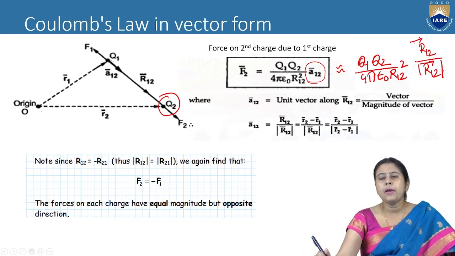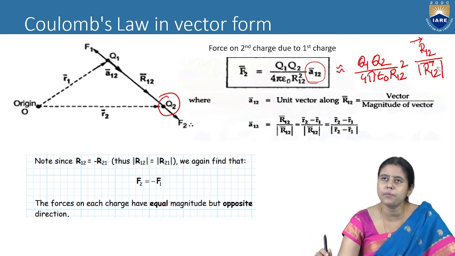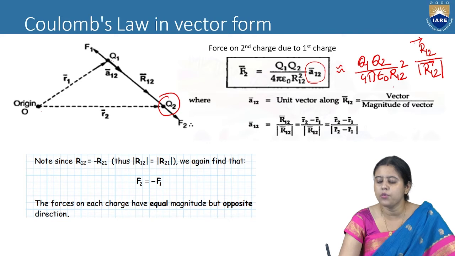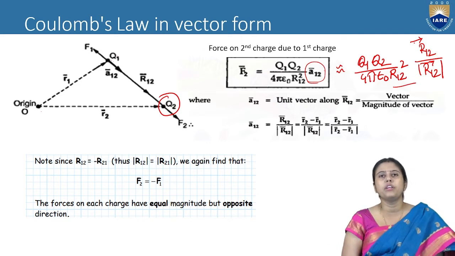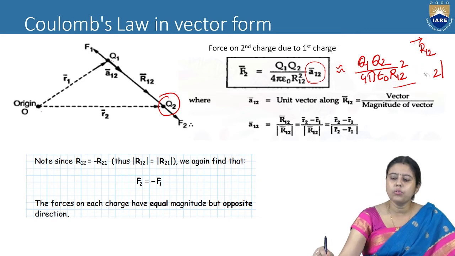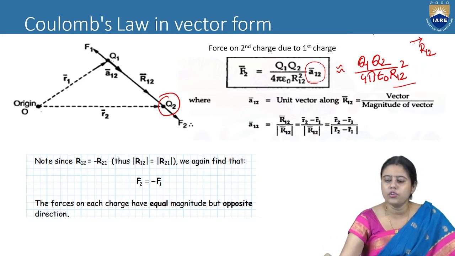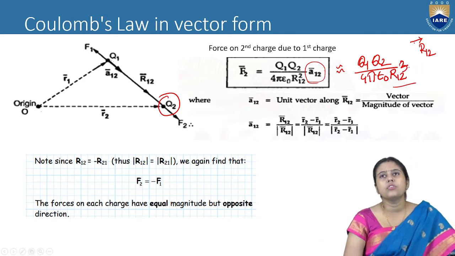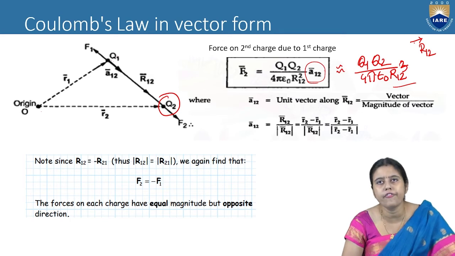So if we minimize it more, what will be the value? R12 square and R12 will be multiplied and we will get R12 cube. So this is the vector form.